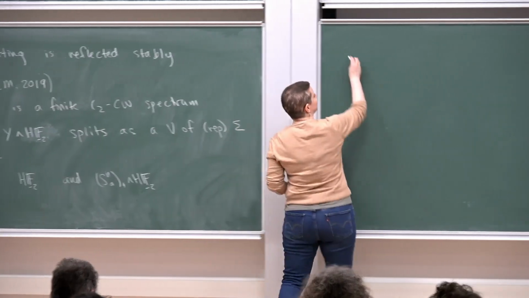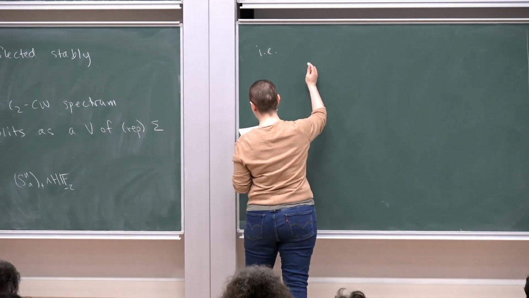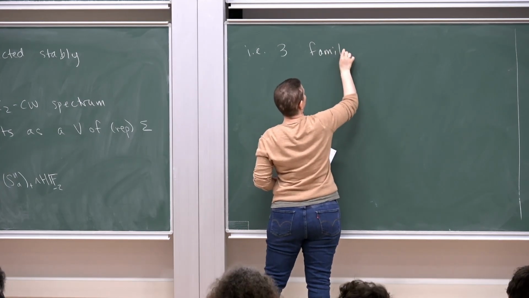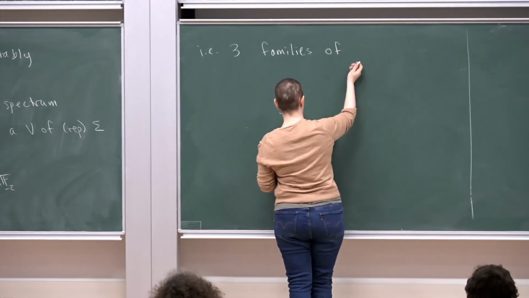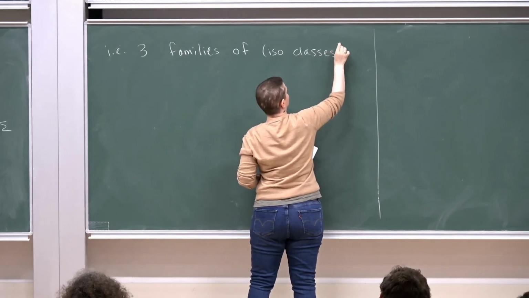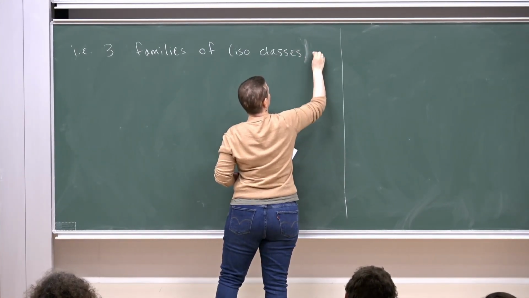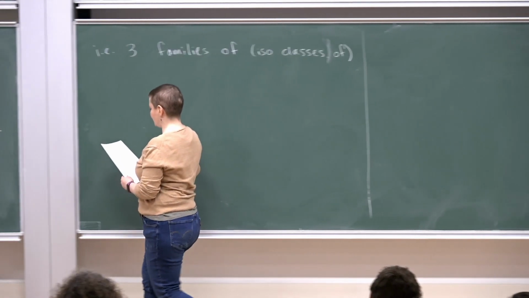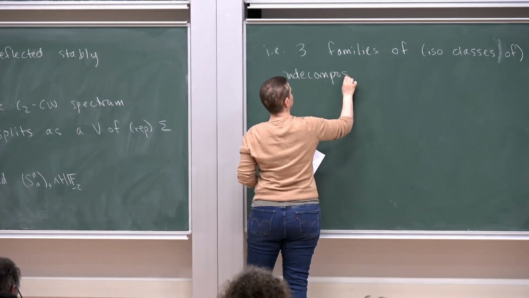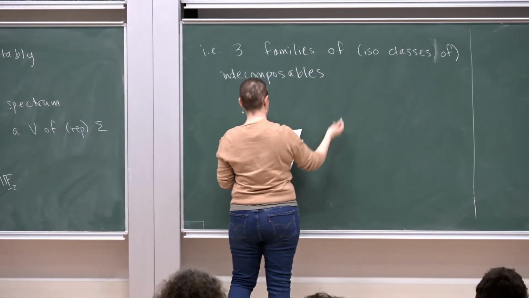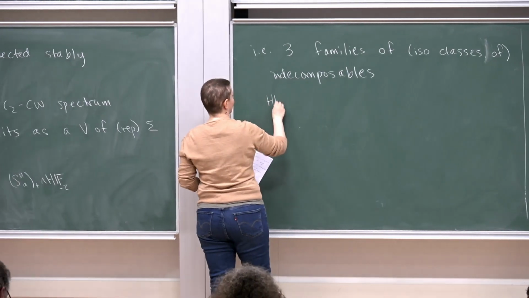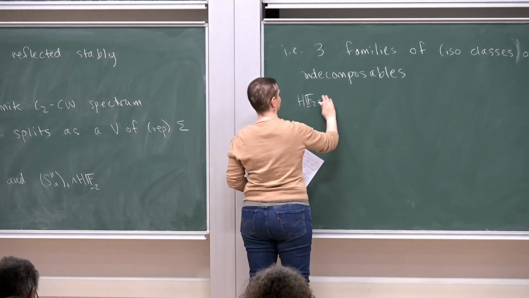But in any case, back to this C2 story. The point I want to make here is that there are three families of, well, isomorphism classes of indecomposables. And as I said, HF2 underline is very much not a field.